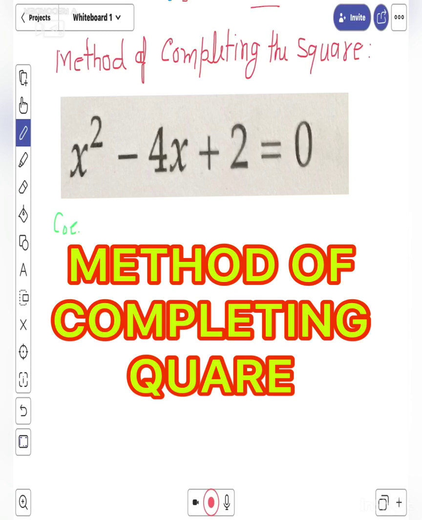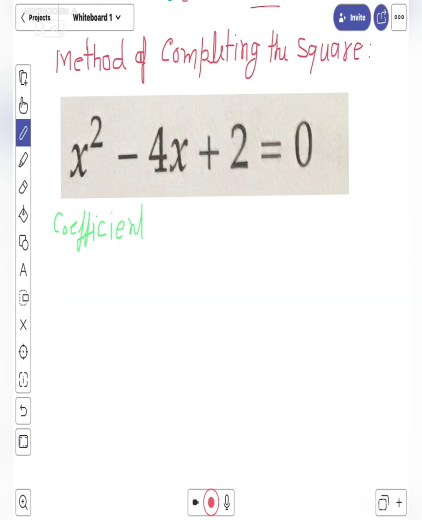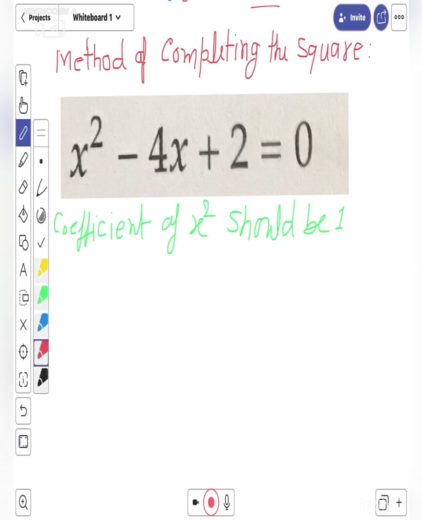The coefficient of x square should be 1, and here the coefficient of x square is already 1. So after that you will find the half of the coefficient of x.